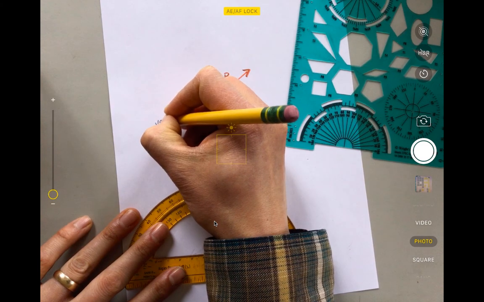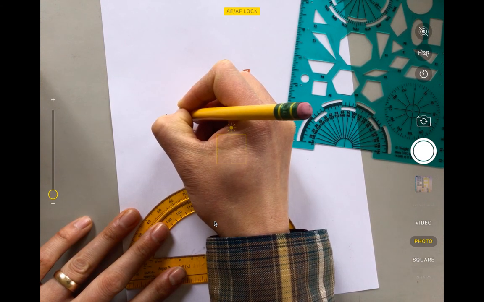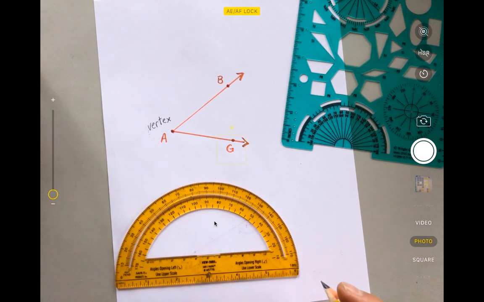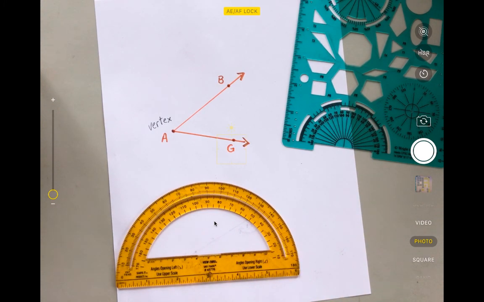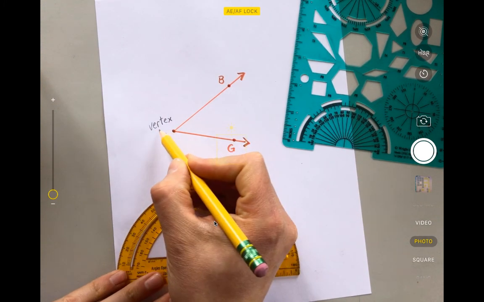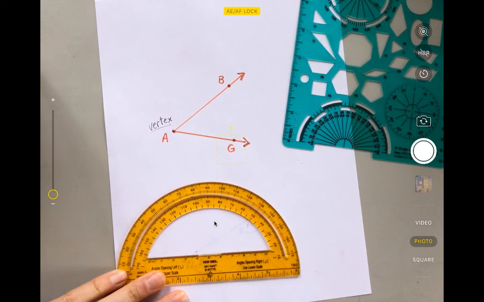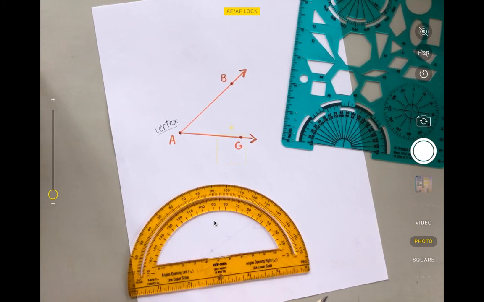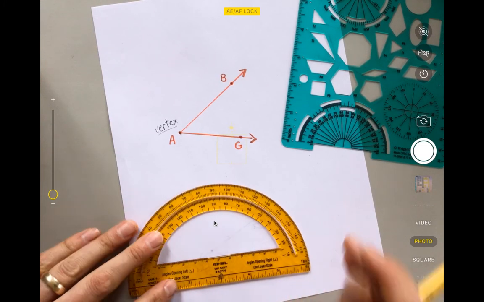We want to call this part the vertex. Sometimes people also refer to it as the corner of the angle, also not the most accurate term. We want to be using the right word, vertex. So that vertex is a really important point for us to get started measuring the angle.